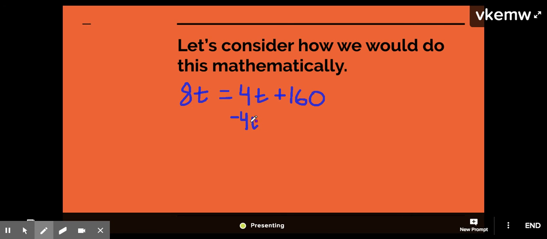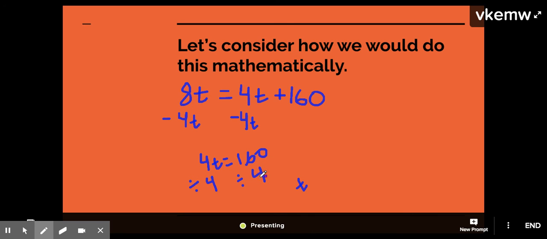This is a review from the past, so I'm going to solve by subtracting 4 on both sides. So we'll end up with 4t equals 160. And when I divide by 4, I end up with t equals 160 divided by 4.